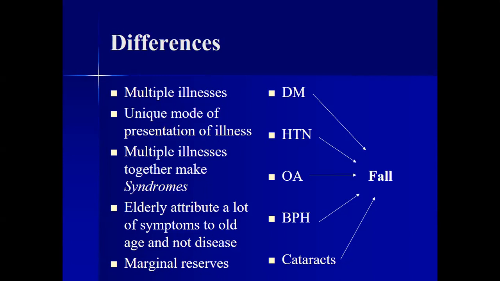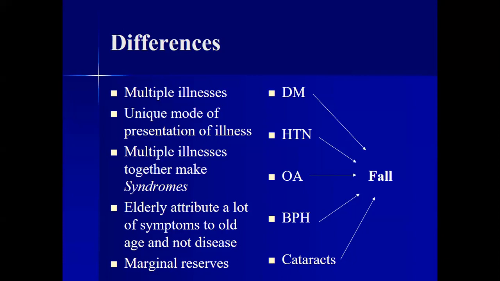Multiple illnesses make it like a syndrome, because dealing with all these things will complicate the situation. And the elderly attribute a lot of symptoms to old age and not disease, and they have marginal reserves. So they just do not have very much reserve, so you need to be very careful while managing a geriatric patient.